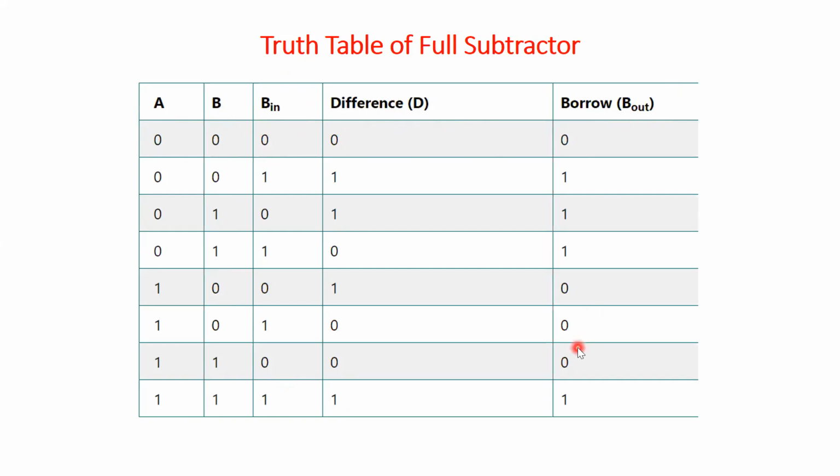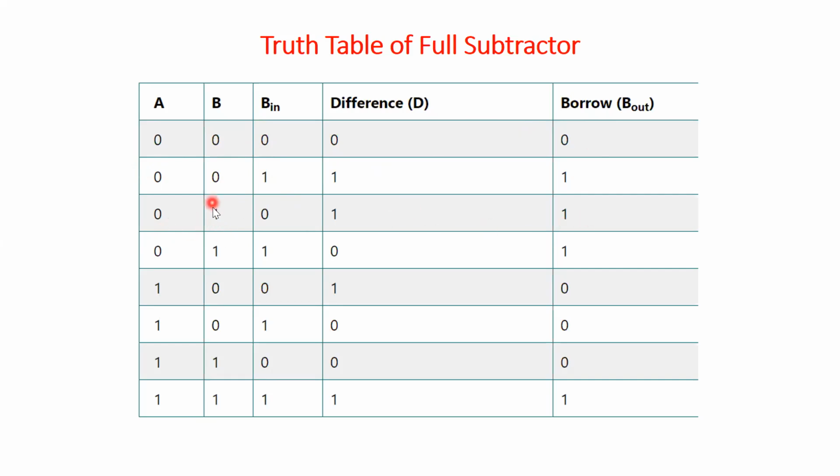And try to understand how you are getting the difference. See, 0 minus 0, I'll explain 2, 3. 0 minus 0 is 0, all are 0. 0 minus 0 is 0. But 0 minus 1, I cannot do. I require a borrow in that. So that's why the borrow is 1 and the difference is 0. Here also, third case, 0 minus 1, I cannot do, so I require a borrow.